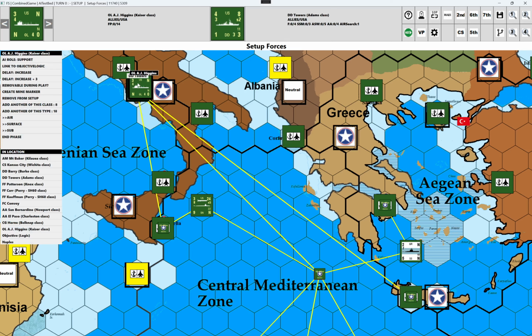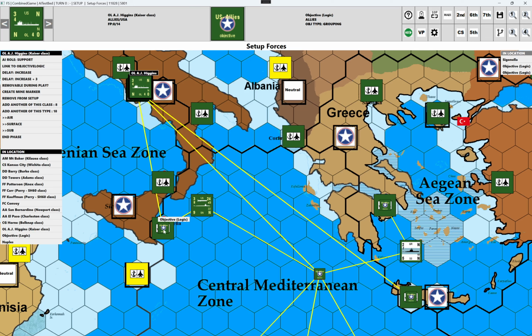Since the oiler is in this hex, it does a big conference with everything. The logic figures out what everybody wants to do, and then it figures out what's the highest priority thing. So this oiler will basically start and just tag along in the task force with all these guys until it needs to replenish. I think it is linked to the replenish objective, and it's linked to the grouping.